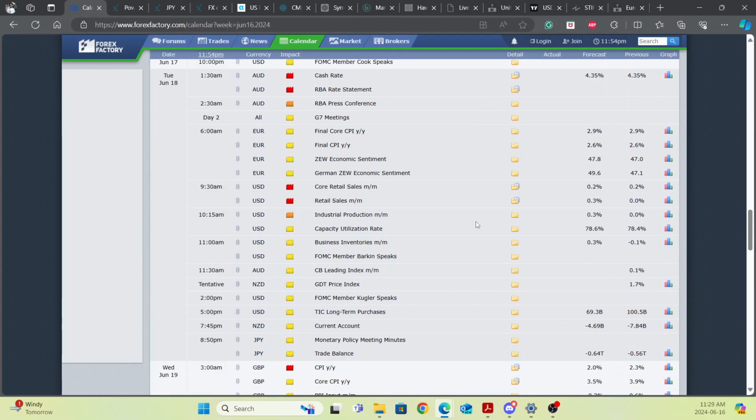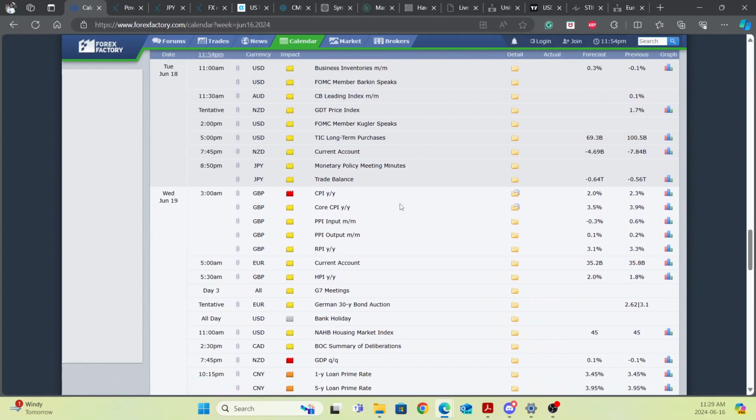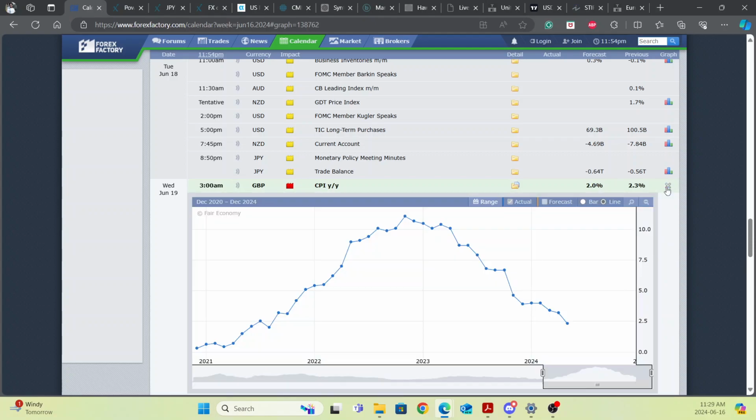Now, moving to the core retail sales month on month. It's good, but not something I'm looking to trade from the dollar side. We are also having a CPI report year over year from Britain, so really something the bank will keep an eye on.